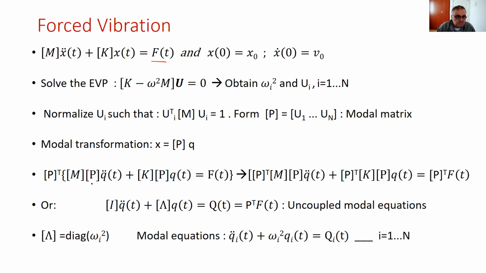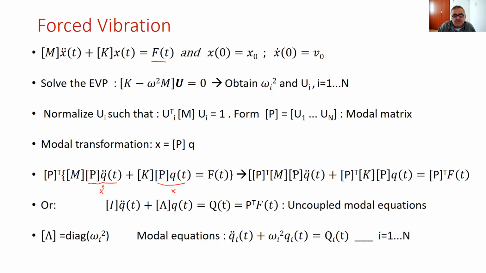Now, as we know, Pq double dot is x double dot. And this is Kx equal to F of t. We multiply this equation by P transpose from the left. So we get something like this: P transpose M P q double dot plus P transpose K P q is equal to P transpose F. But we know that these are mass normalized.